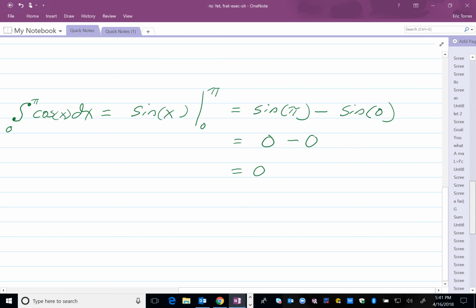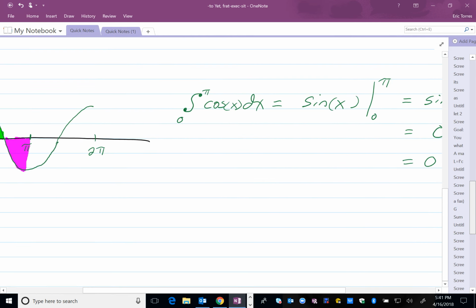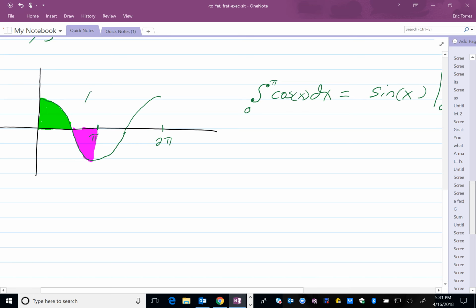And let's talk about what happened there. When I got halfway, I switched from accumulating positive items to accumulating negative items. So I'm not actually accumulating area, I'm accumulating values, which can be both positive and negative.